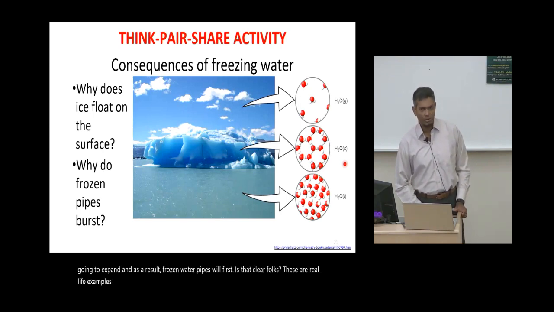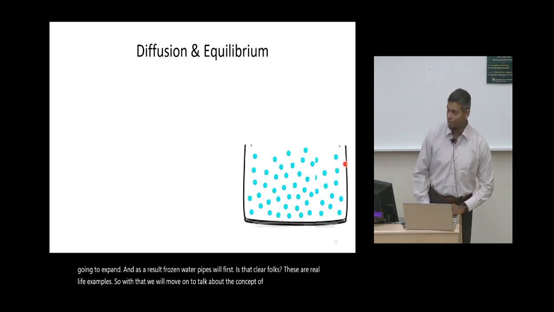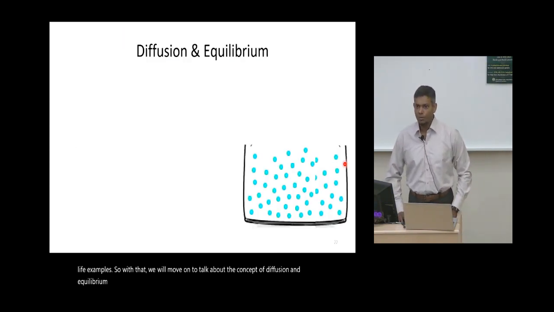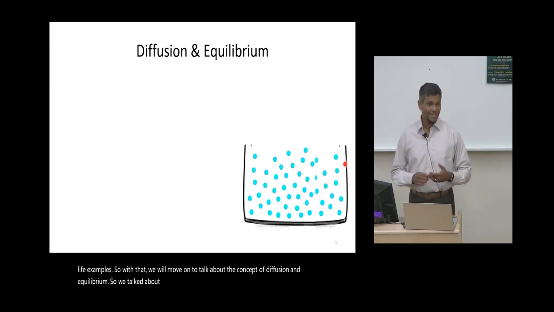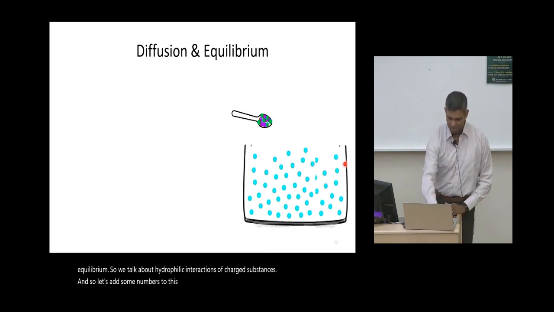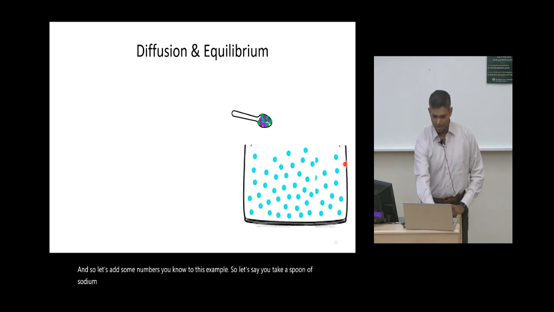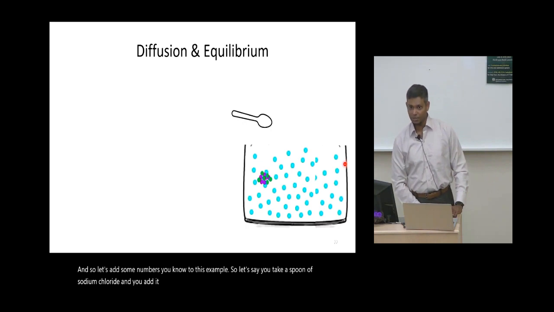So with that, we will move on to talk about the concept of diffusion and equilibrium. So we talked about hydrophilic interactions of charged substances, and so let's add some numbers to this example. Let's say you take a spoon of sodium chloride and you add it in a beaker of water.